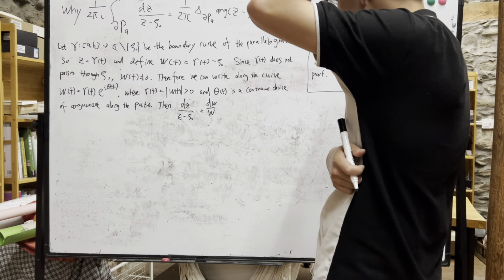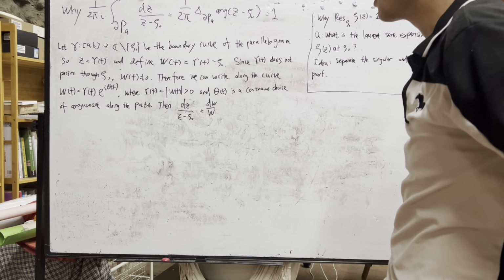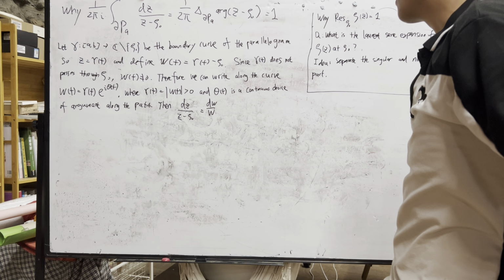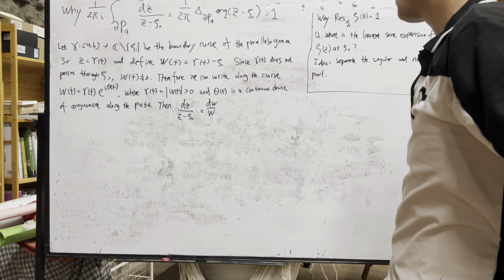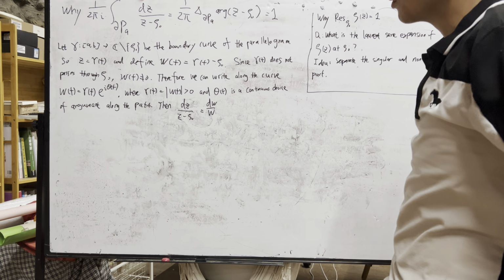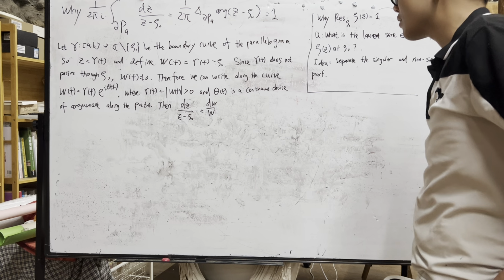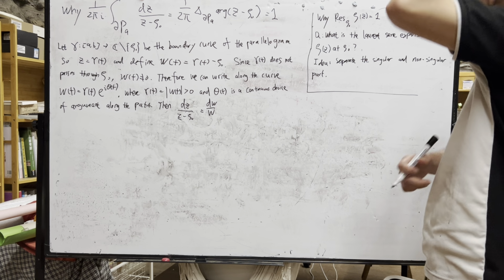We can just let, for each t, theta of t be equal to the angle between 0 and 2 pi, right? That is a choice.